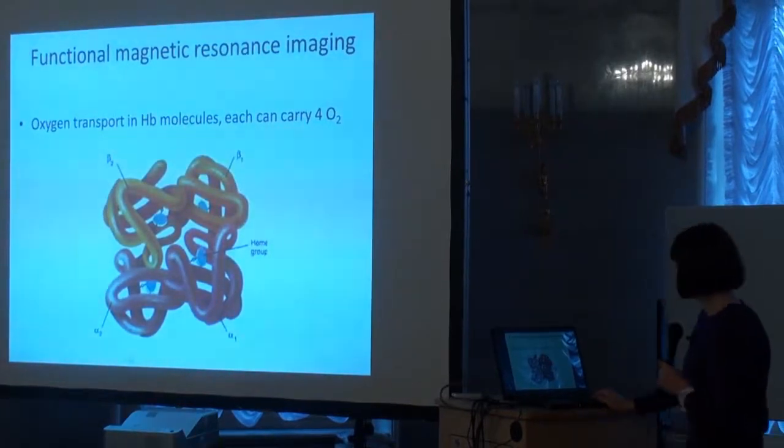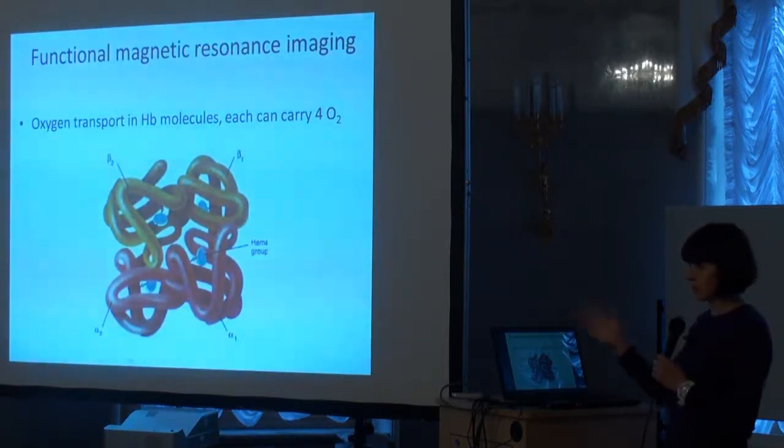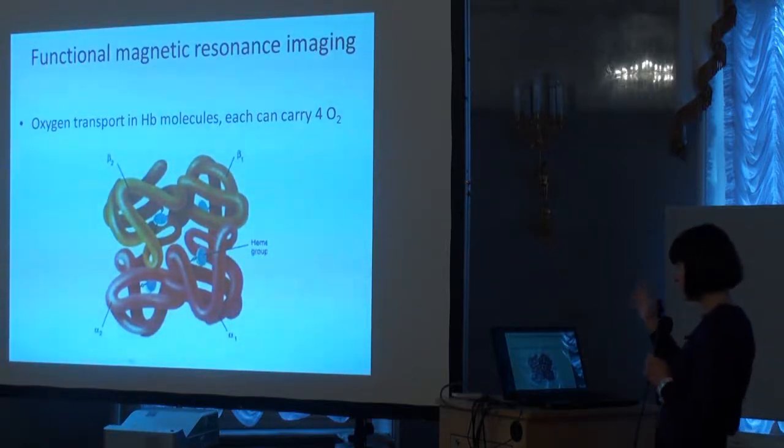This is the molecule of hemoglobin, and what it does is transport oxygen to its destination, let's say to some brain region which performs a language function in our case.